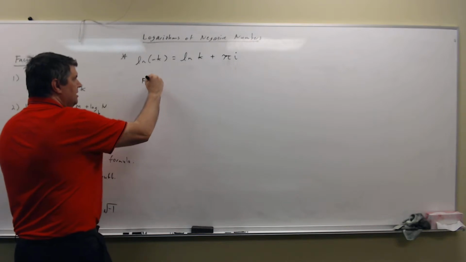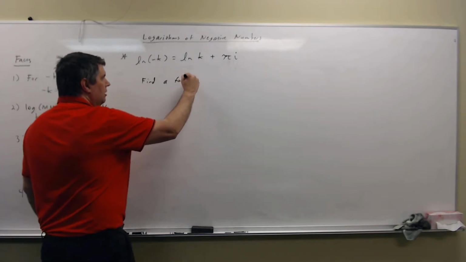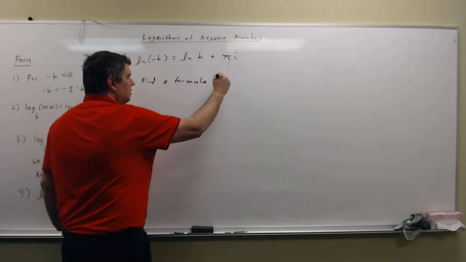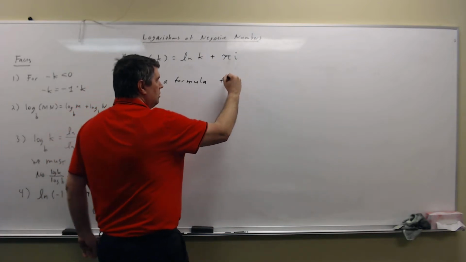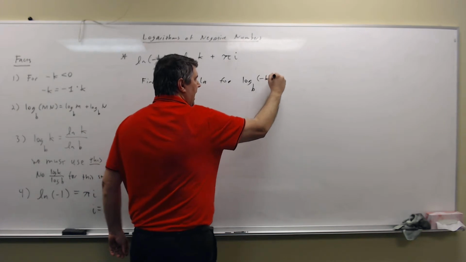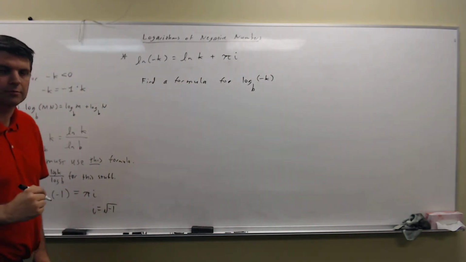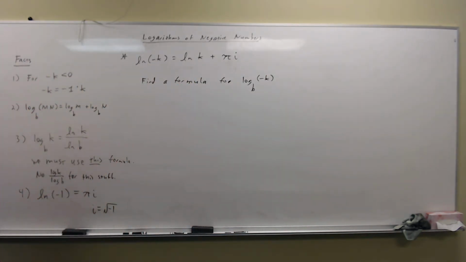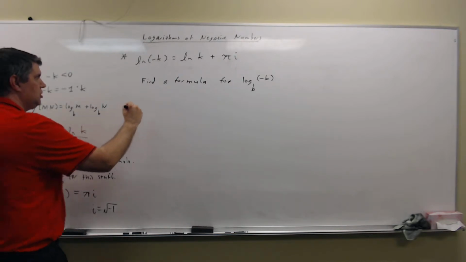Let's find a formula for log base b of negative k. We can do that. Okay? We have the information.